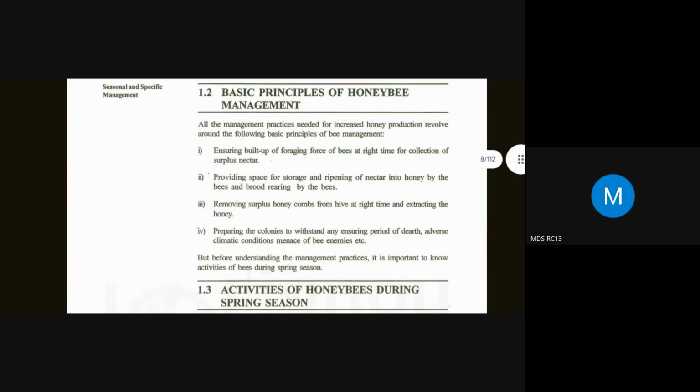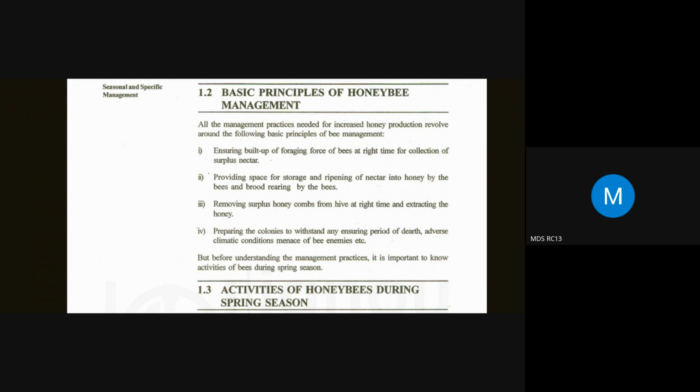The first principle is ensuring the building up of the foraging force of bees at the right time for collection of surplus nectar. In the spring season, a large number of honeybees must be ready just before the flowering. Usually after the spring, the flowering season arises.